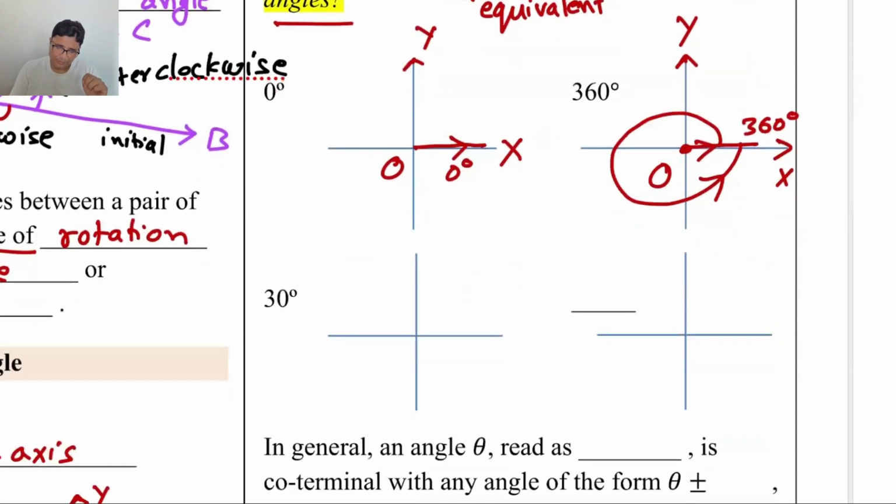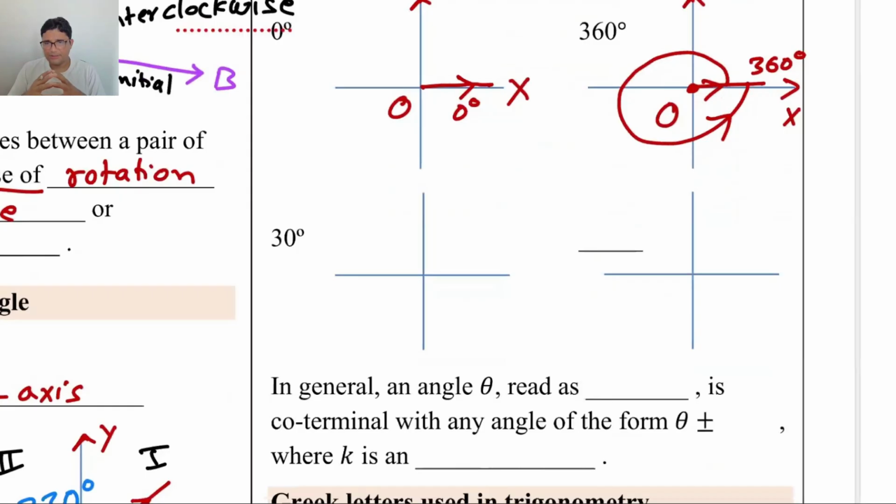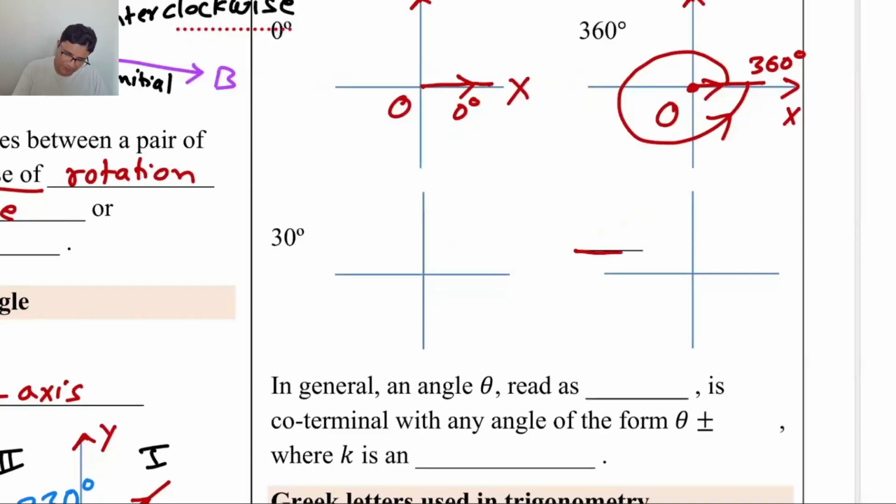All right. So here is 30 degrees, and what I want you to do is to sketch that 30 degrees and find, here there's a blank space, another angle which is coterminal to 30 degrees. Okay. So this is 30 degrees. Previously, I did the negative one, negative 330 degrees, which is fine, which is coterminal.